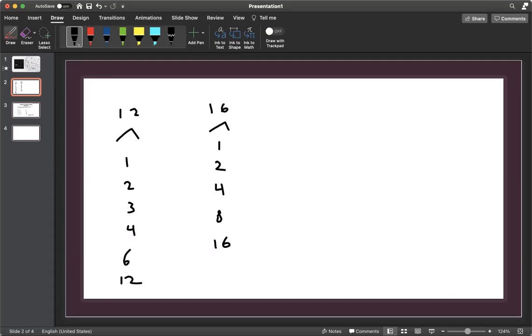So our greatest common factor, we have 2 and 2, those are common factors, and 4 and 4 are common factors. The greatest common factor, which we call our GCF, is going to be 4.